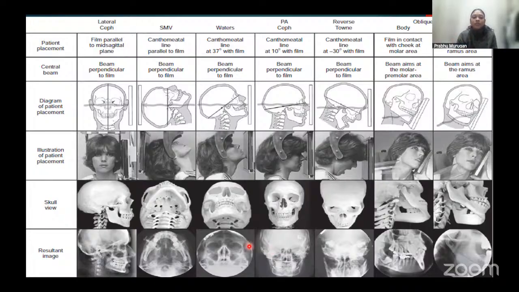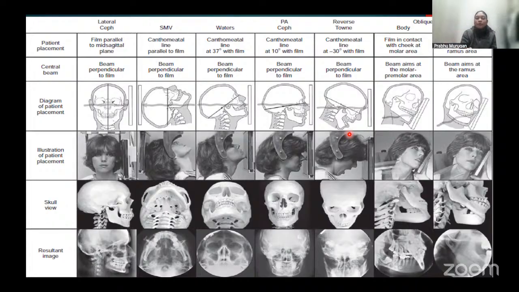I think this table is given in your White and Pharoah. For last minute revision, I would want you to read about this, because sometimes they can ask you what the projection is for Water's view or for reverse Towne view. You need to know that for a few X-rays there are small differences in the projections, and they are called techniques.